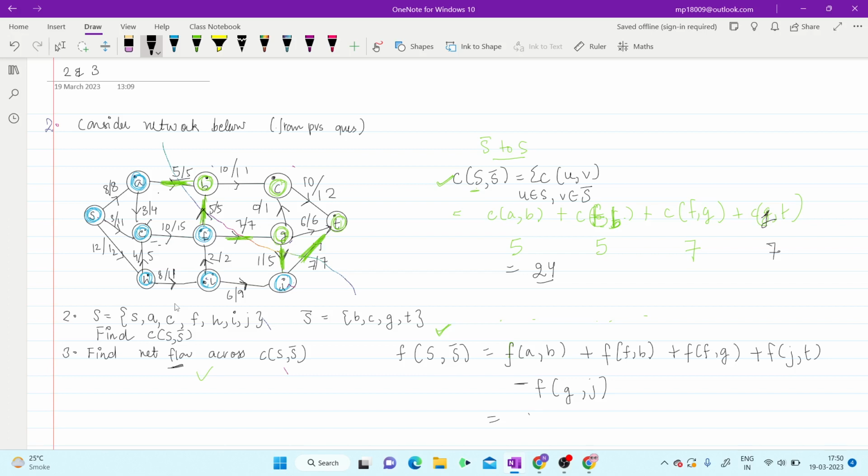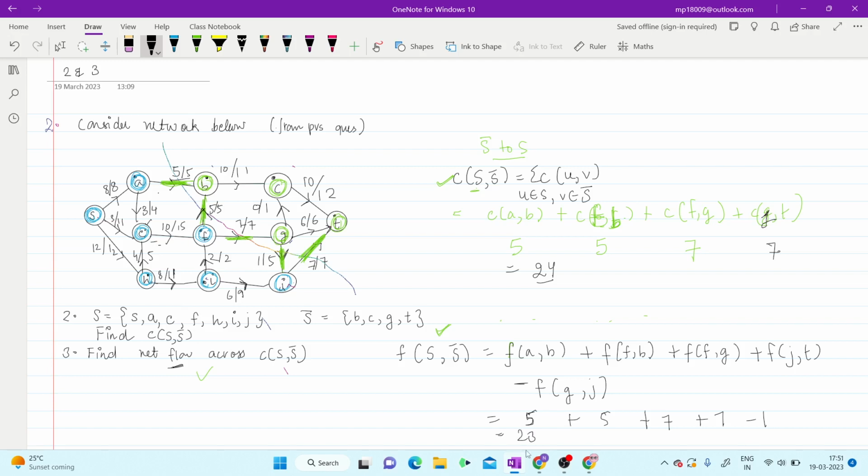Now if we add up these values, this is 5, this is also 5, this is 7, this is 7, and this is 1. So this is 24 minus 1, which is 23.